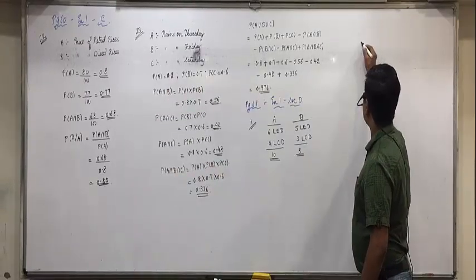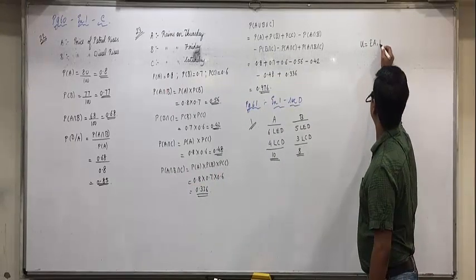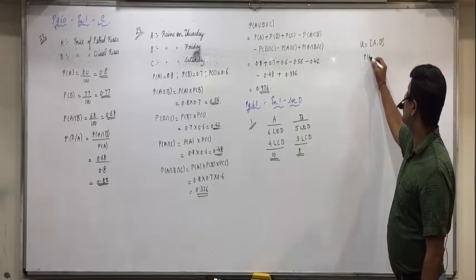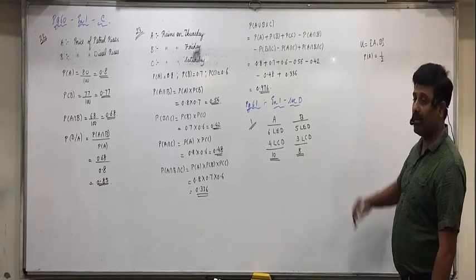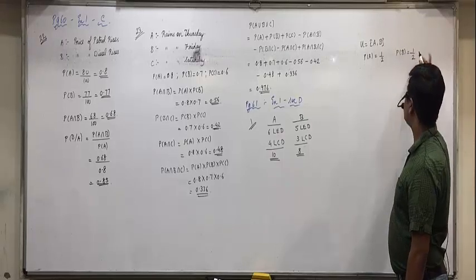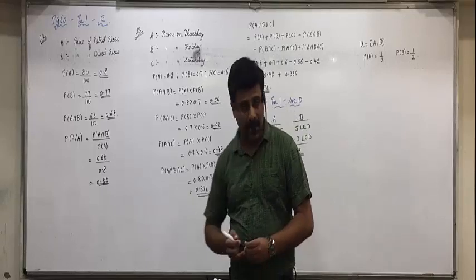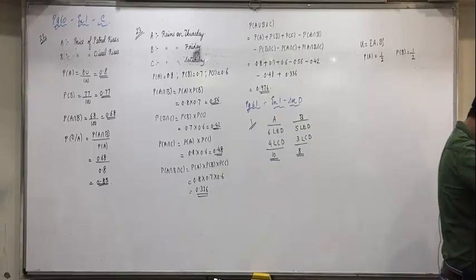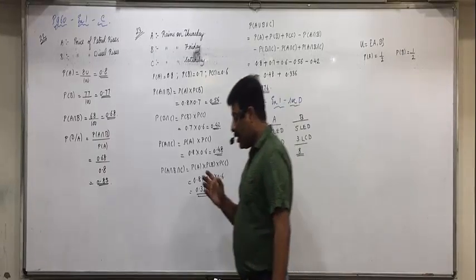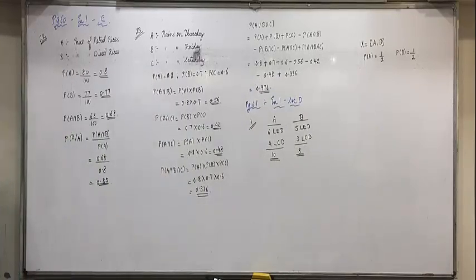See here, there are 2 stores, so sample space A and B. Now what is the probability that you select store A? 0.5, 1 by 2, 1 out of 2. Same way, what is the probability that you select store B? Understood this? So first we select a store, and then one television is selected from the store. Now, is the selection of television dependent on the selection of store or not? Yes.